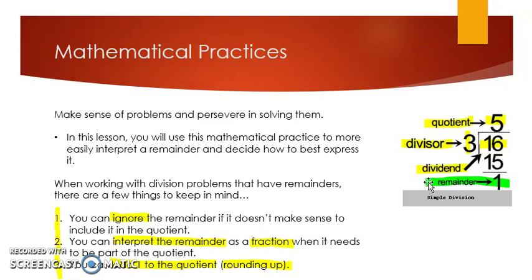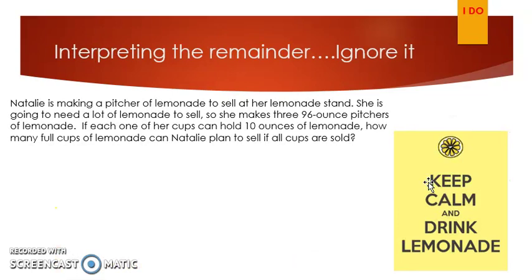Let's go ahead and take a look at our first I do problem. In this problem, we're going to interpret the remainder and we are going to ignore it. Let me show you how that works. Natalie is making a pitcher of lemonade to sell at her lemonade stand. She is going to need a lot of lemonade to sell, so she makes 3 96-ounce pitchers of lemonade.